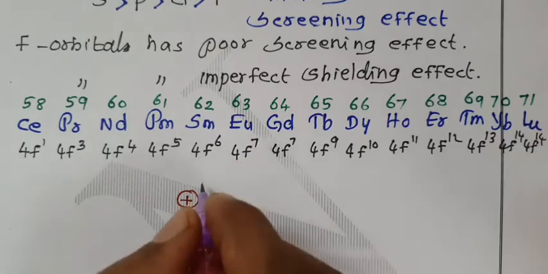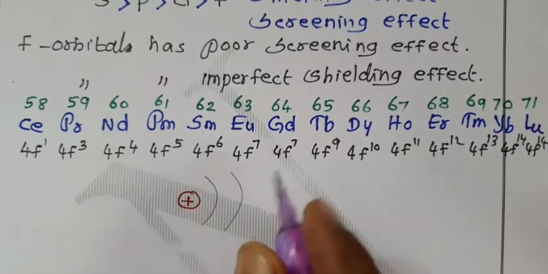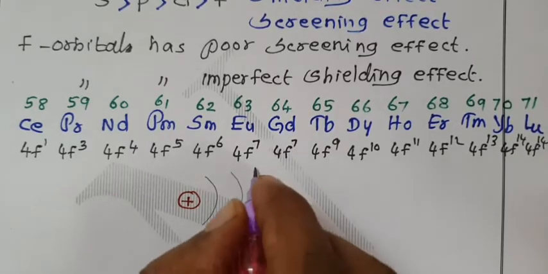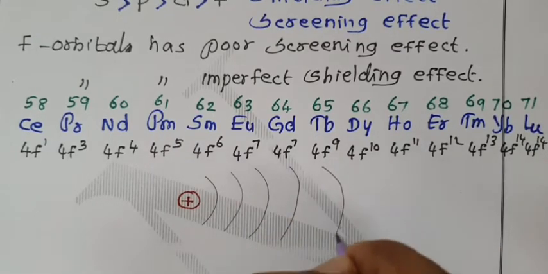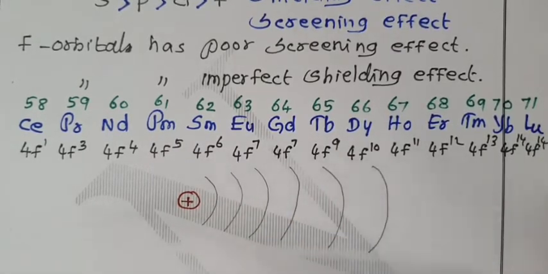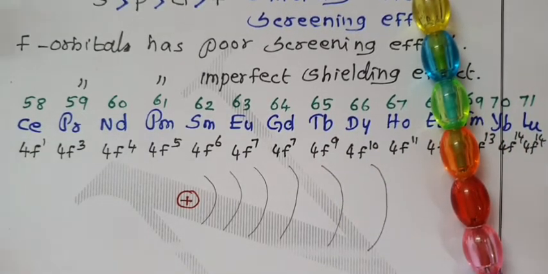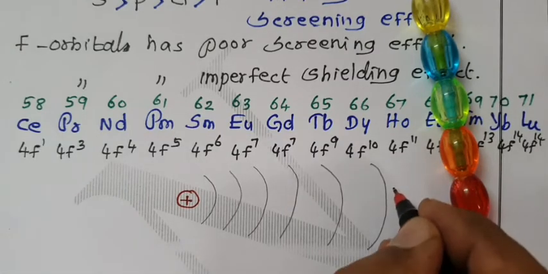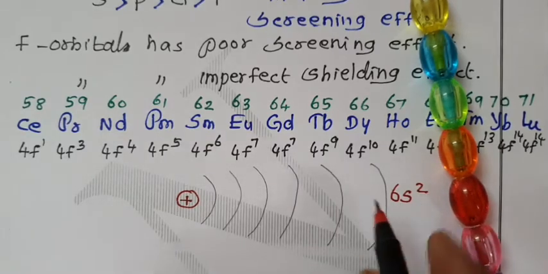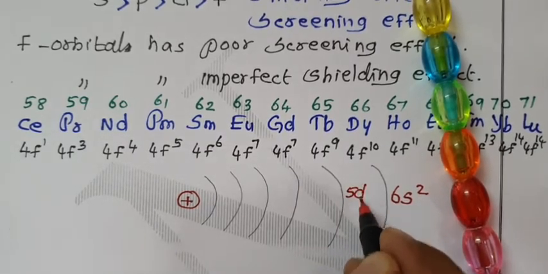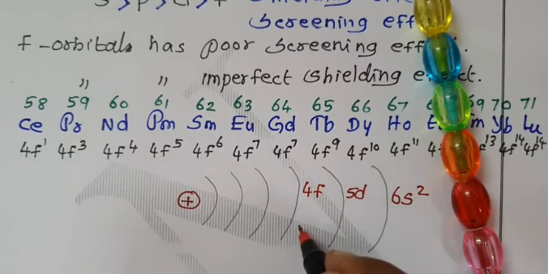This is your first shell n equal to 1, second shell n equal to 2, third shell n equal to 3, fourth shell containing 4f, then fifth and sixth, right. After filling the electrons in the s orbital, the outermost valence shell, here you have 5d, electrons now enter the f orbital.